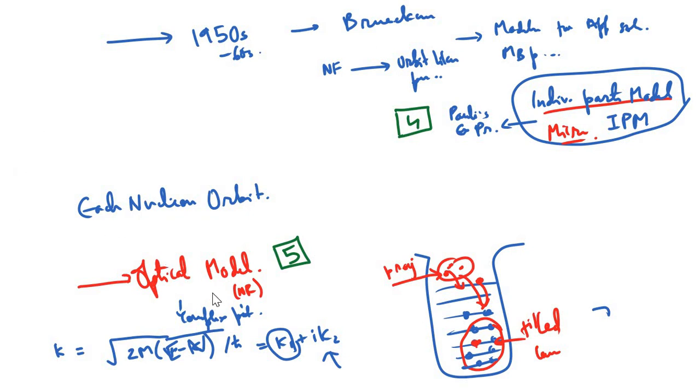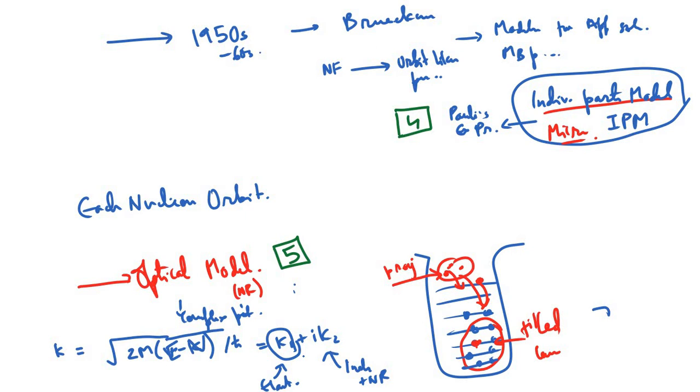You can look into my optical model lecture to get more idea. Now this wave number becomes complex. The real part K1 takes care of the elastic scattering part, and the K2 component takes care of the inelastic scattering plus nuclear reactions part.